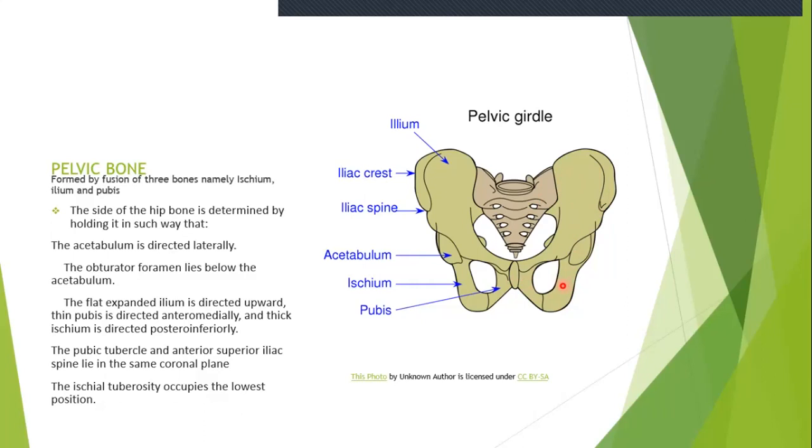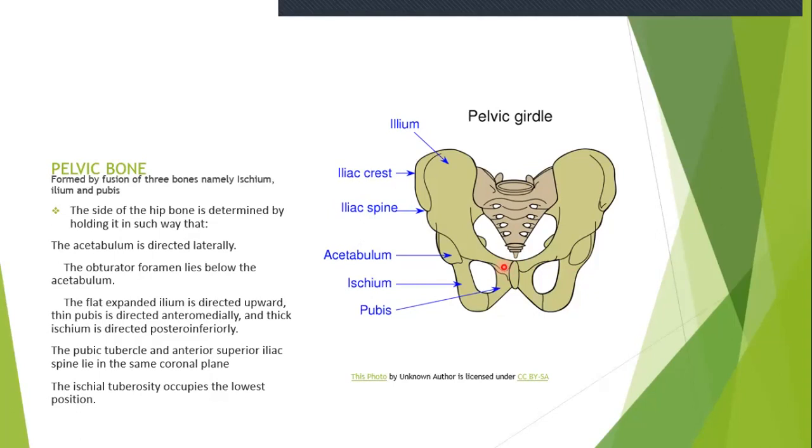Okay. So I've said the pelvic bone is composed by fusion of three bones: ilium, ischium, and pubis. I will show you a good diagram where I have colored them differently. Here we have the pubic tubercle.